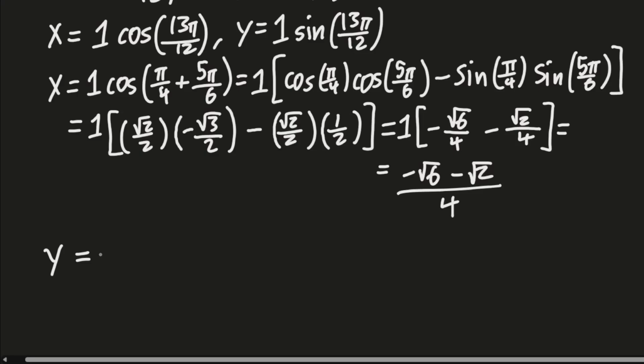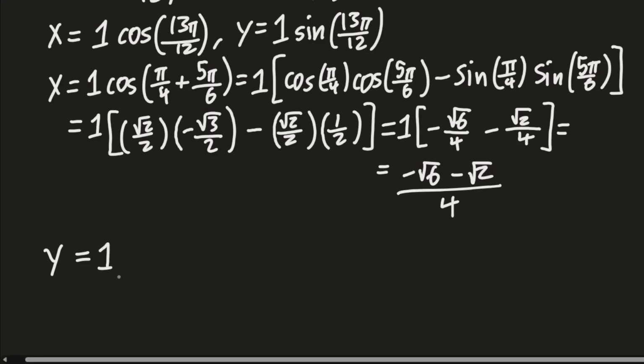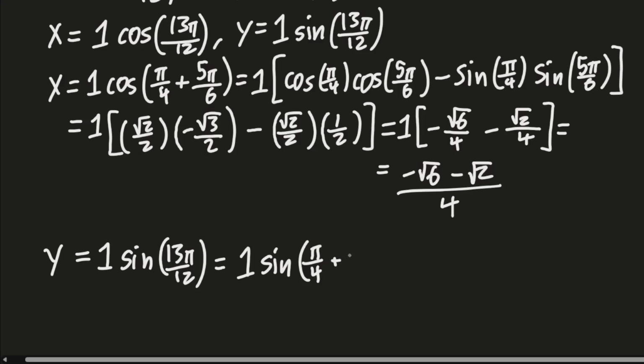Alright, so y is equal to 1 times sine of 13 pi over 12. And so we now make the equation. We need to split that into the 2 angles, which is 1 times sine of pi over 4 plus 5 pi over 6.